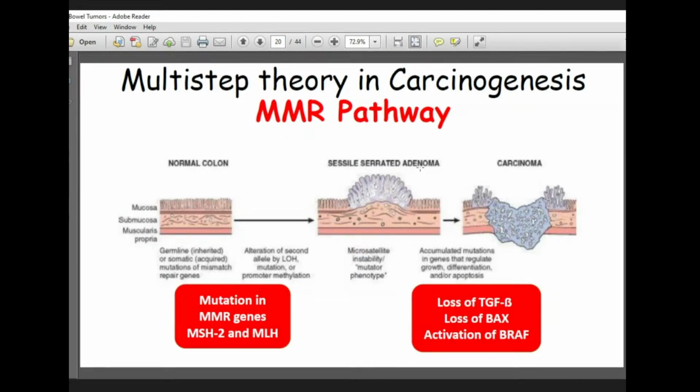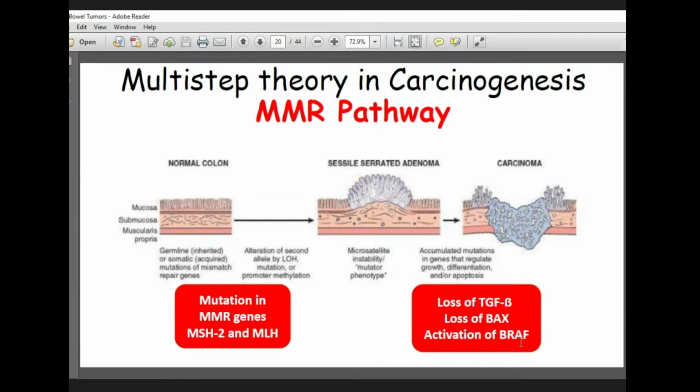So this is the MMR pathway, or mismatch repair gene pathway, or microsatellite pathway. There is normal mucosa, then mutation in the repair genes MSH2, MLH1, and you get the sessile adenoma. Then there is continuous microsatellite instability, with accumulation of other mutations which regulate growth, like oncogenes and tumor suppressor genes such as TGF beta, BAX, and activation of BRAF.